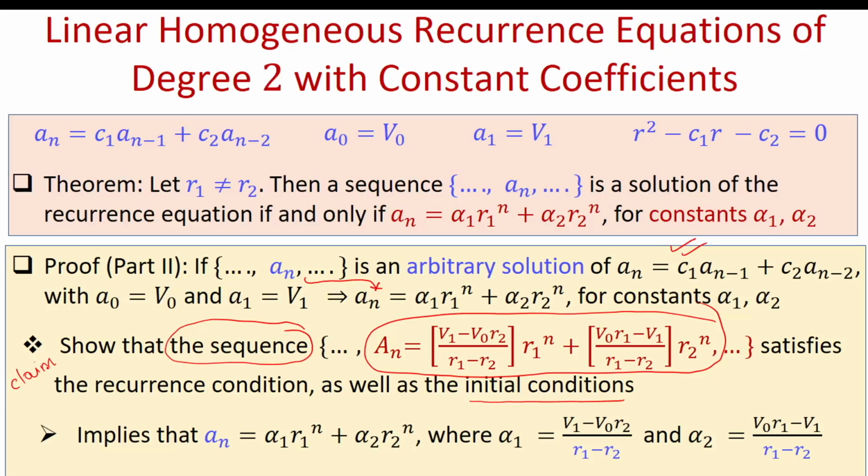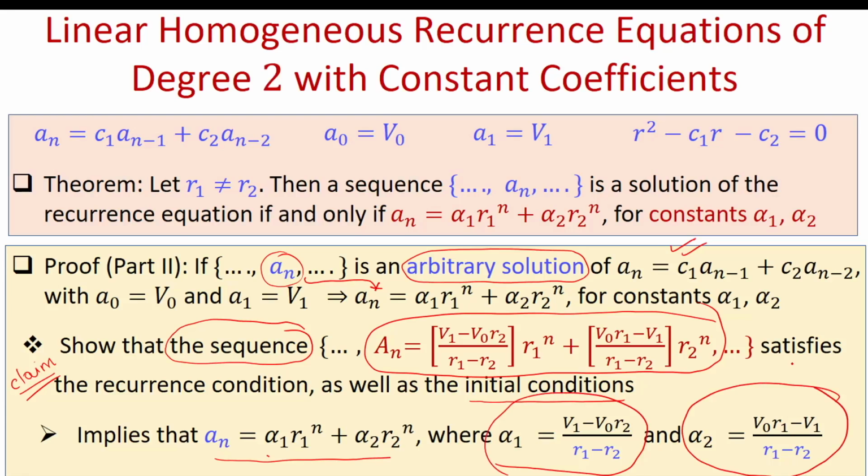So this is the goal and this is my claim. Assuming my claim is true, it automatically implies that the arbitrary solution that you are considering, its nth term is also of the form some constant times r1 power n plus some constant times r2 power n, where the constants are this. And why so?